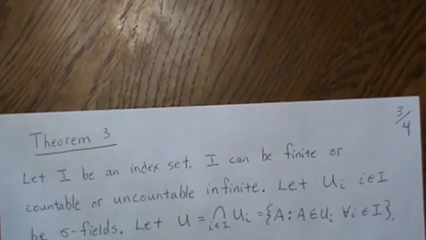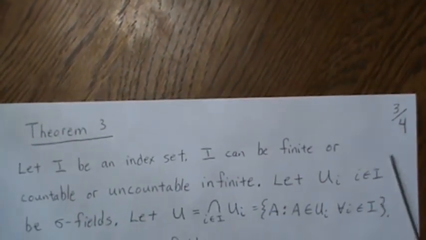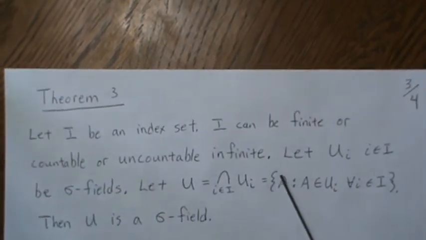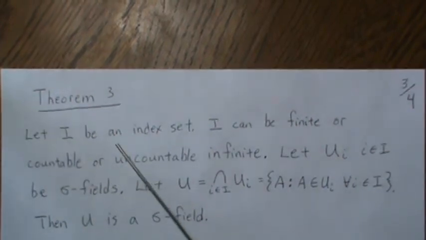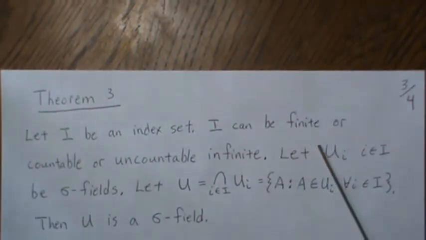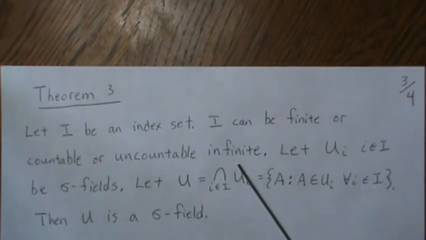So let's look at a couple theorems here. We have 2 pages left. Now this is very similar to what we did in fields, but we're going to do it with sigma fields. We're going to let I be an index set where I can be finite or countable or uncountably infinite.